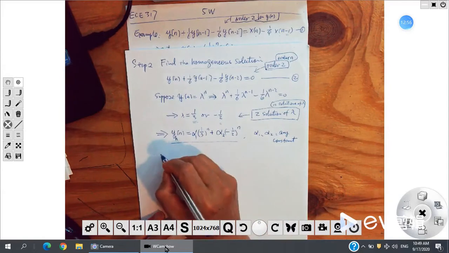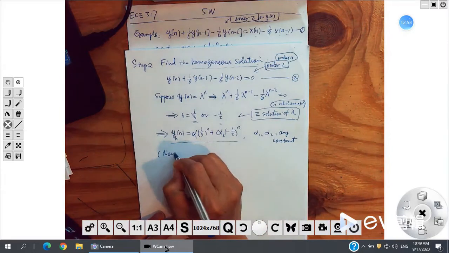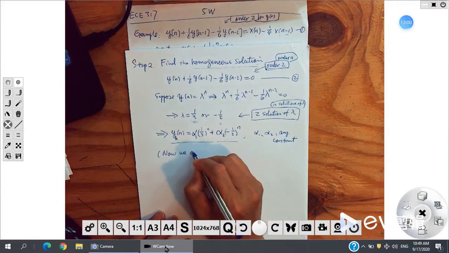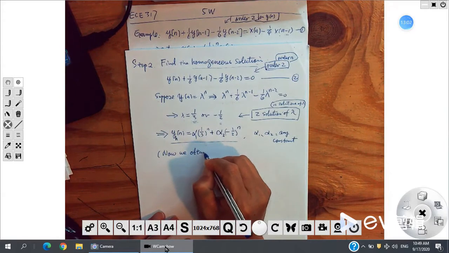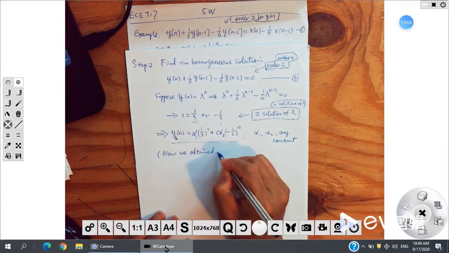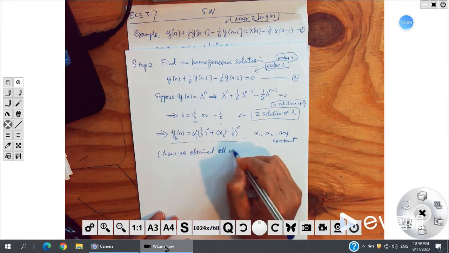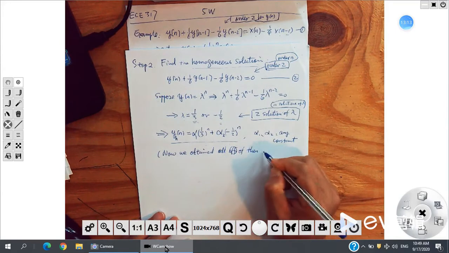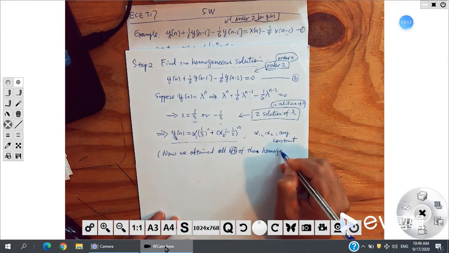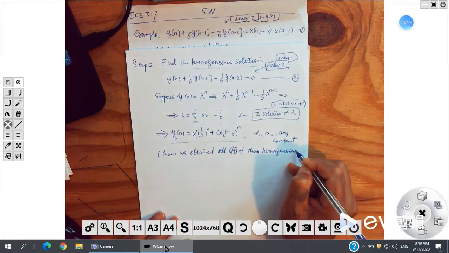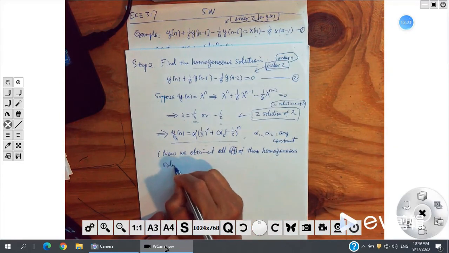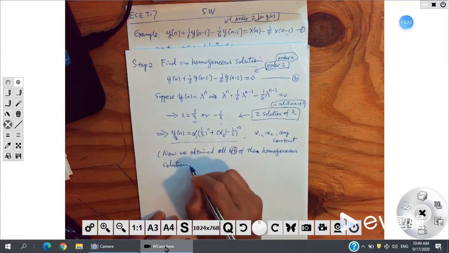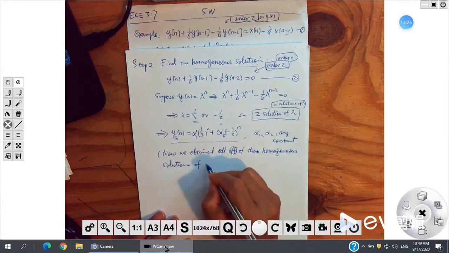So now we already obtained all of the homogeneous solutions of the system.